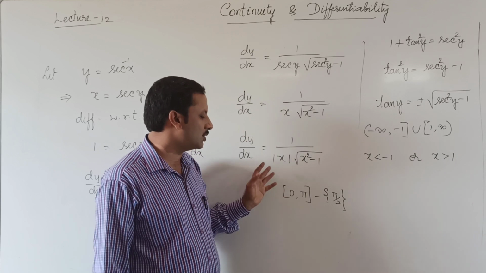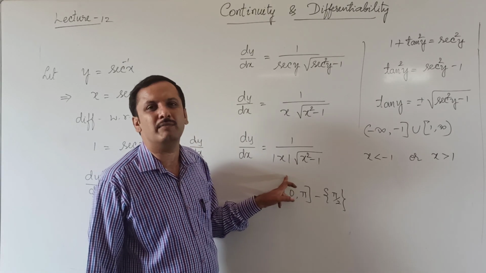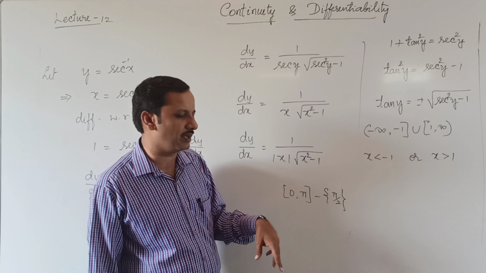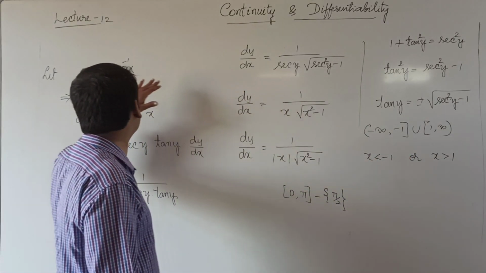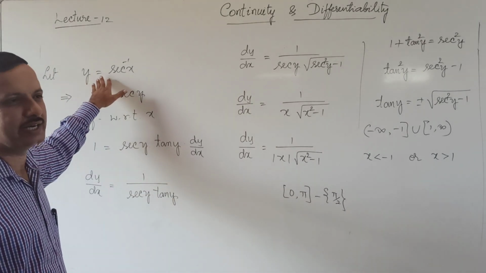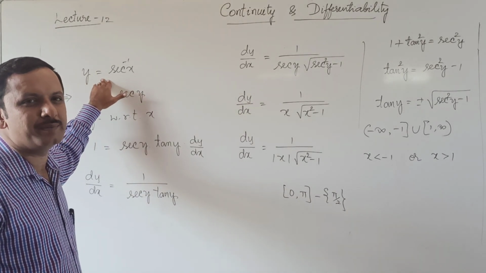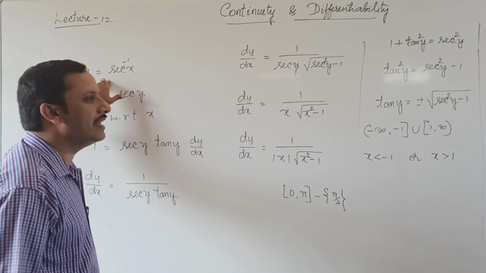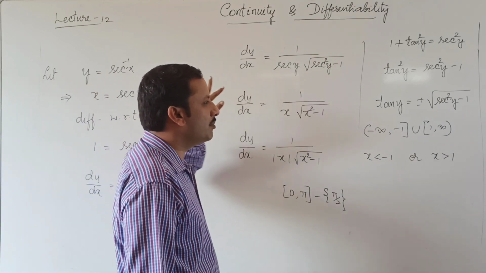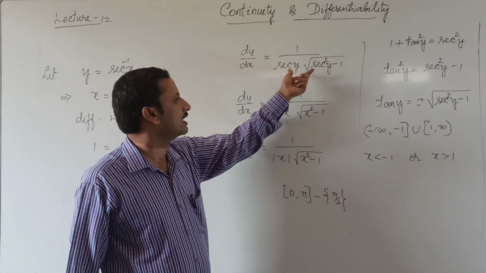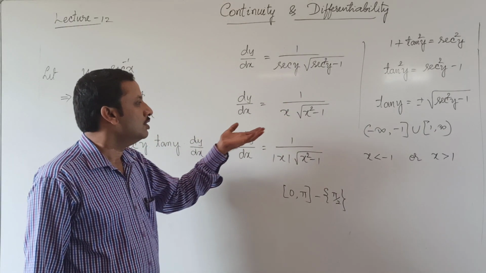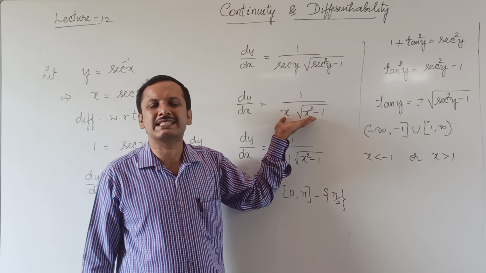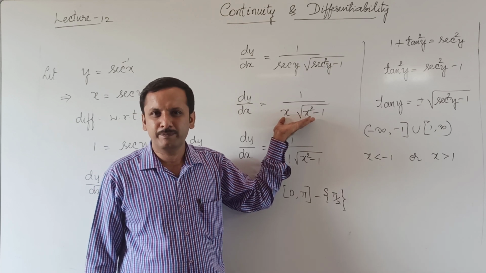If x is positive, I can directly write 1 by x into root x square minus 1, because when x is greater than 1, y lies in the first quadrant. Y lies in the first quadrant means secant y is positive, and therefore tan y is also positive. Secant y is positive, tan y is positive. So it will simply be 1 by x into root x square minus 1.